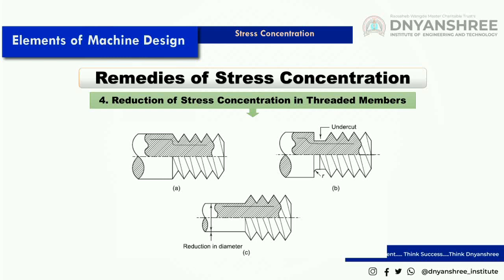Due to that, stress concentration is reduced. Now in diagram C, there is total reduction of stress concentration. Reduce the diameter before the threads and then the threads. So the stress line becomes straight. That is, there is no stress concentration in the component.